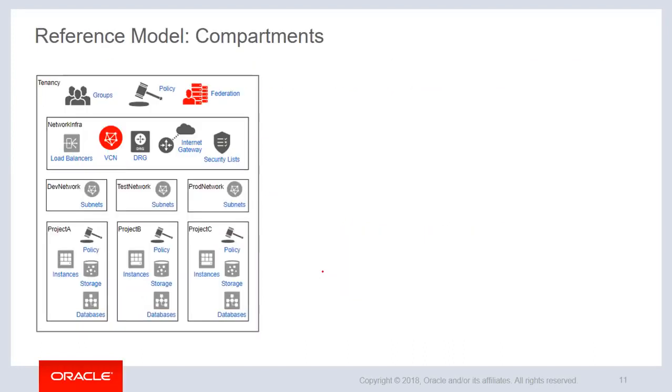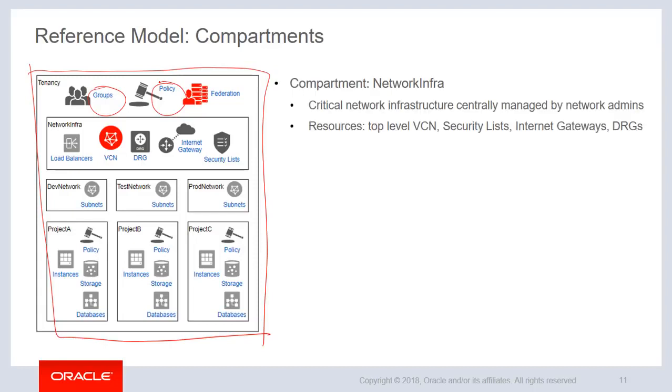So let's look at a reference model for compartments. As you can see here, we have a tenancy. This is my actual account. I have created groups which have users, and we have written specific policies for those groups. Now there is a compartment which is called network infrastructure. This is this one here.